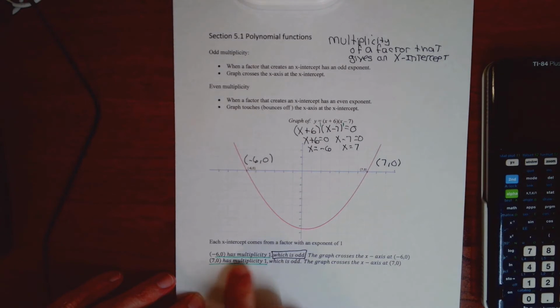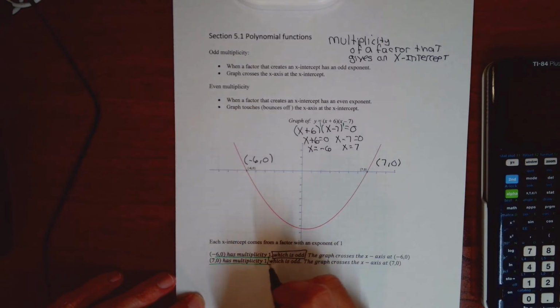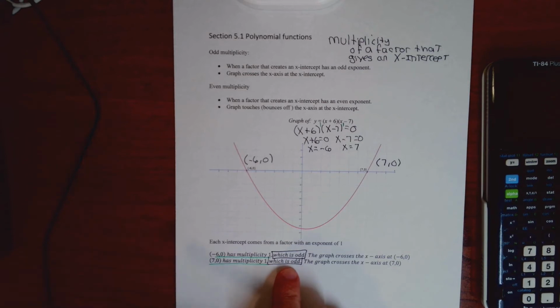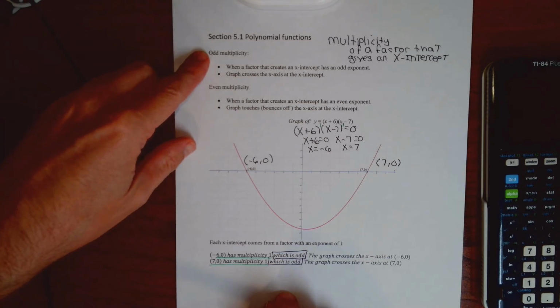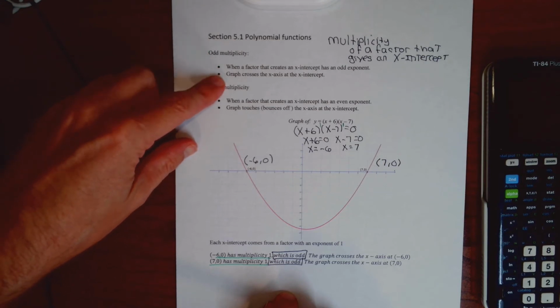Similarly, 7, 0 has a multiplicity of 1, meaning the exponent that created it was odd. The oddness or evenness of the multiplicity impacts what the graph does at the x-intercept. When a factor that creates an x-intercept has odd multiplicity, the exponent is an odd number, and the graph will cross the x-axis at the x-intercept.